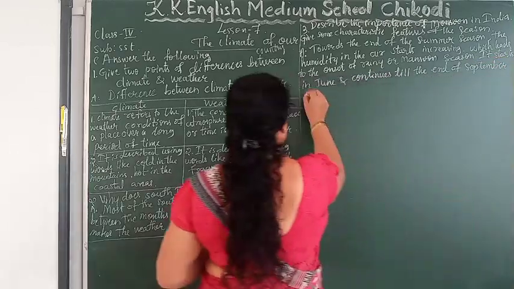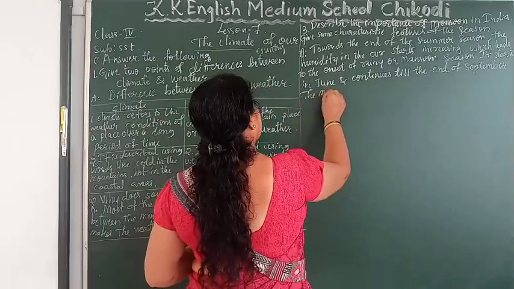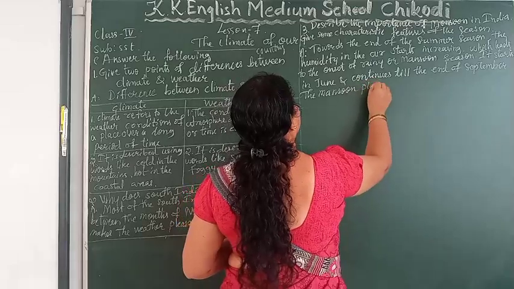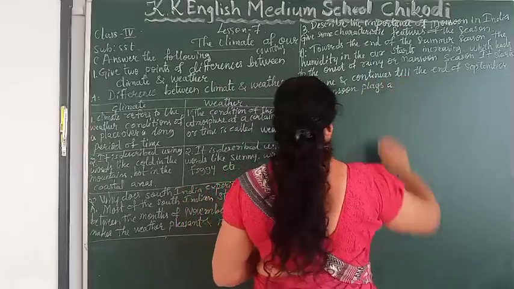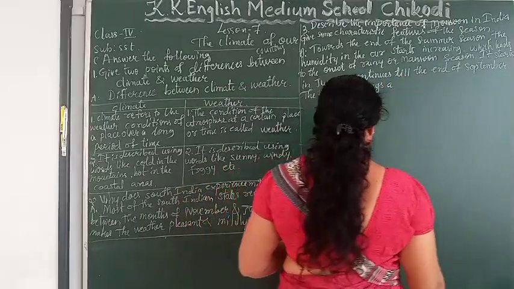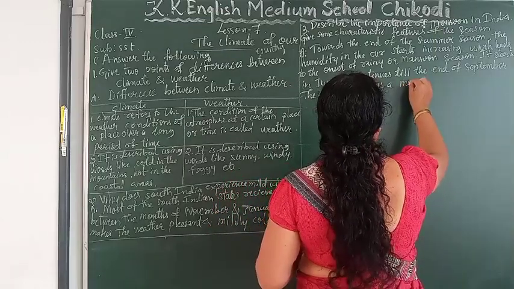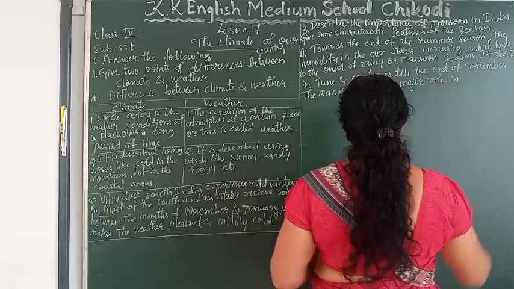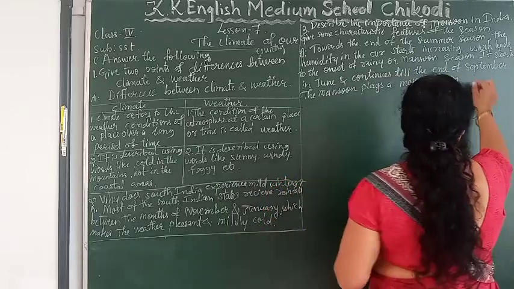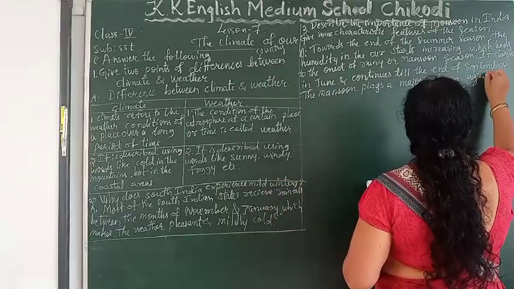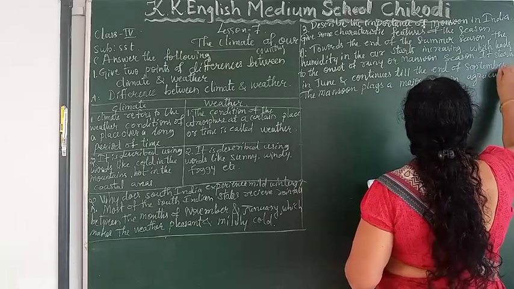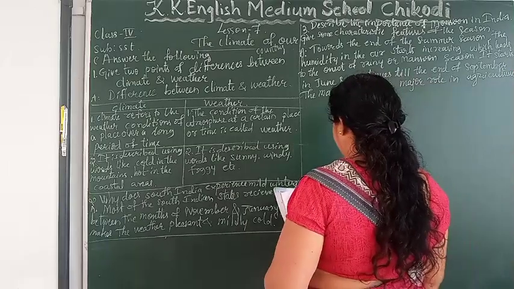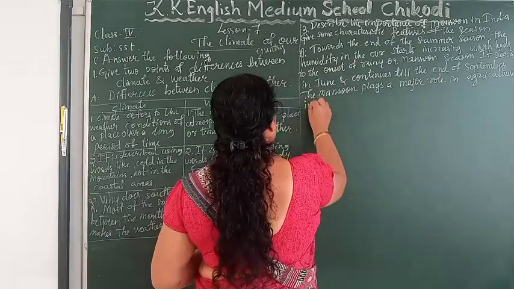The monsoon plays a major role in agriculture in India.